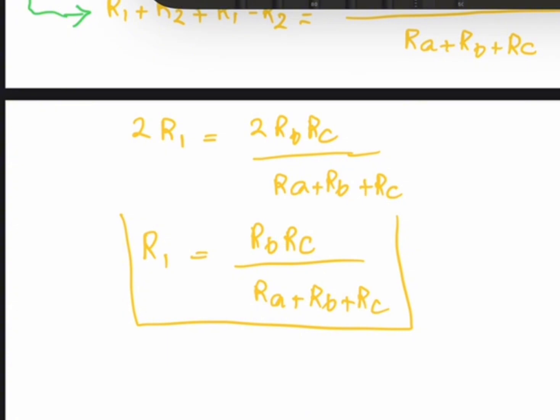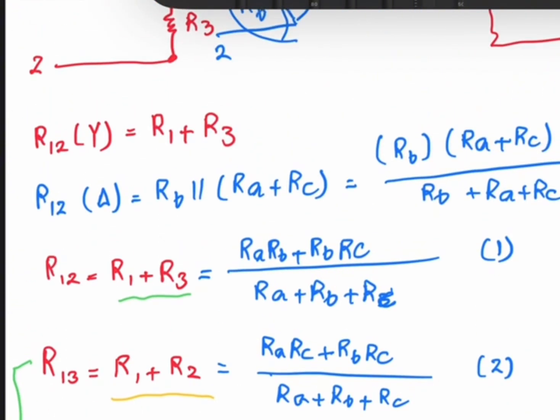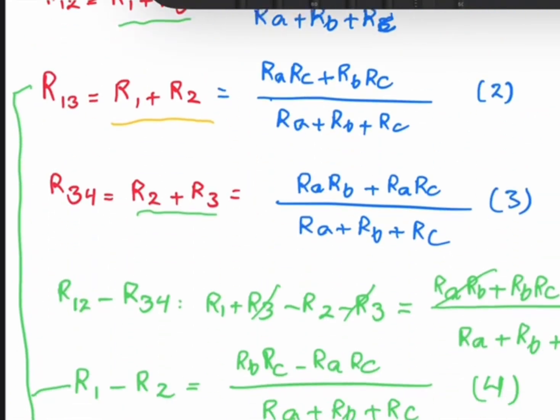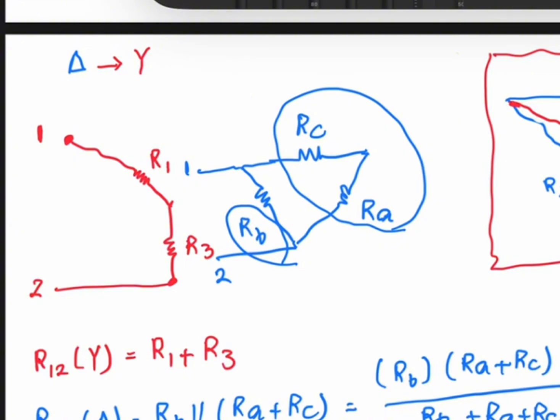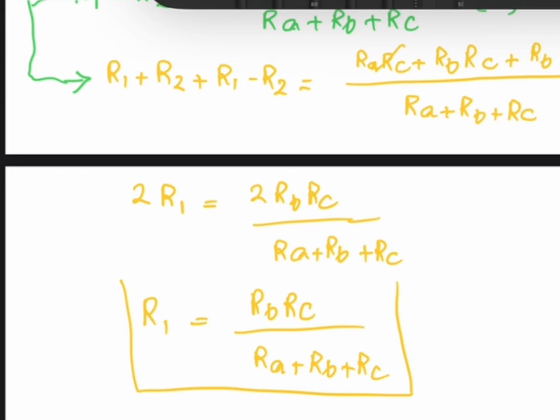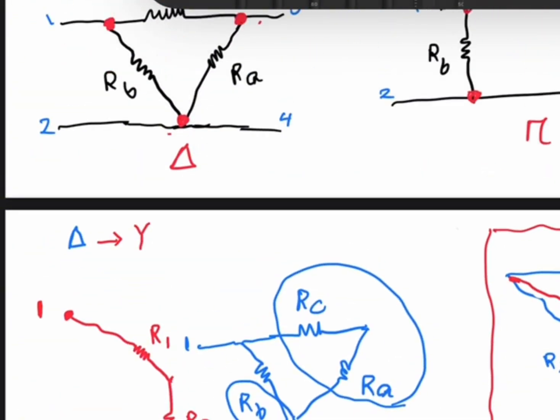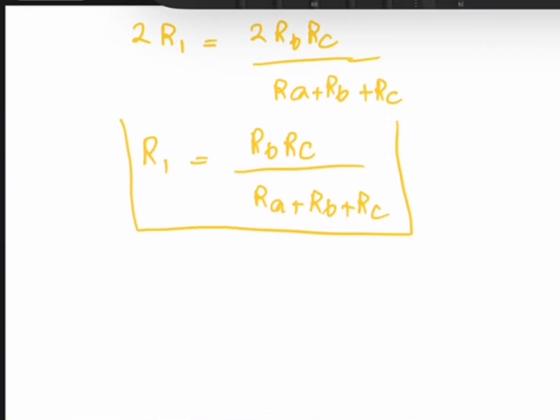So I can look at my transformation figure and see what R1 is. If I want to find R1, it is the product of RB and RC over the sum of all resistors.